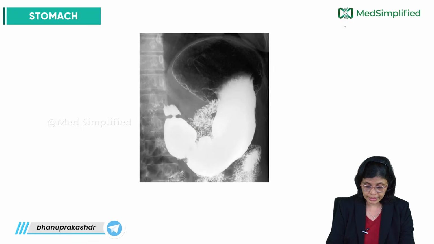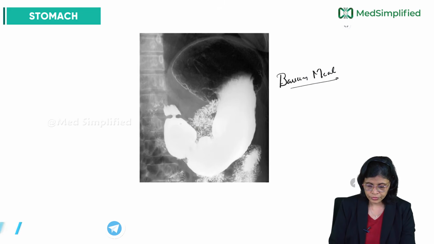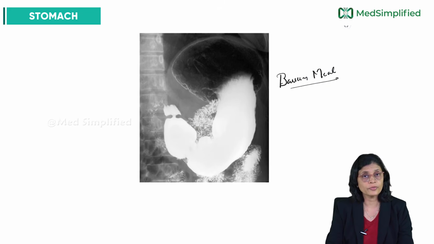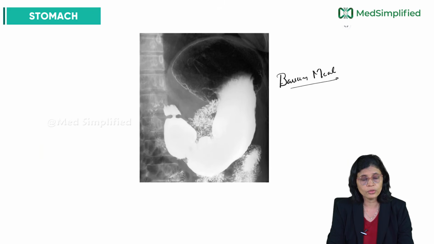This picture is basically of a barium meal. Because the stomach is soft tissue, we cannot see it in a plain X-ray, so we need a contrast X-ray. To see the stomach and the upper GI part, for the esophagus we use a barium swallow, and for the stomach and the upper part of the intestines we use a barium meal.